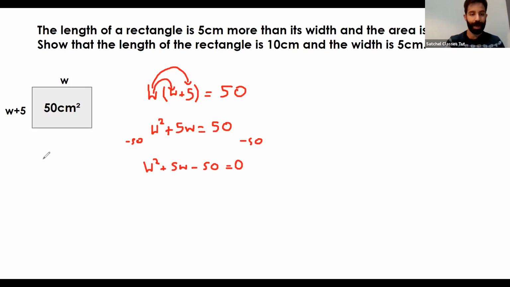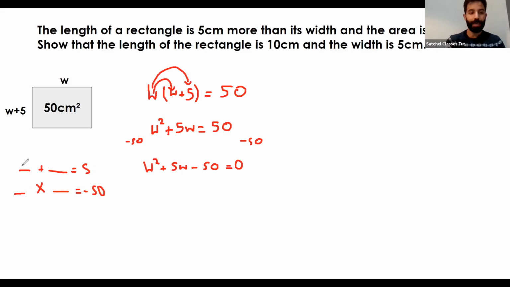And we need to think about two numbers that add to give us 5, and the same two numbers that multiply to give us minus 50. Remember, we're dealing with negative 50 here, so it's not going to be 50, it's going to be negative 50.